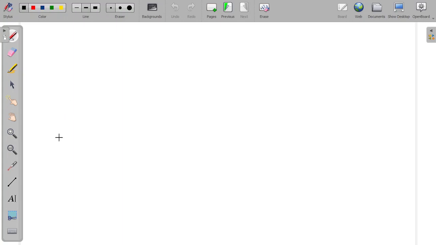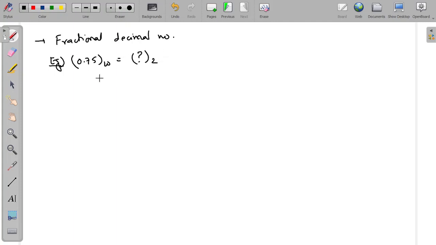But what about when the decimal number is not an integer, when it is a fractional number? When the decimal number which needs to be converted into its binary representation is a fraction, let's say 0.75, what is its equivalent number in binary?